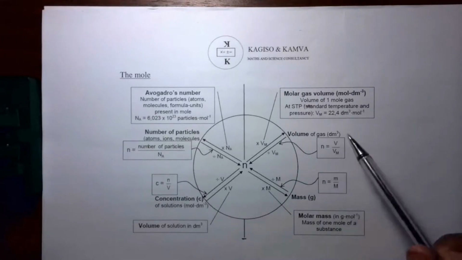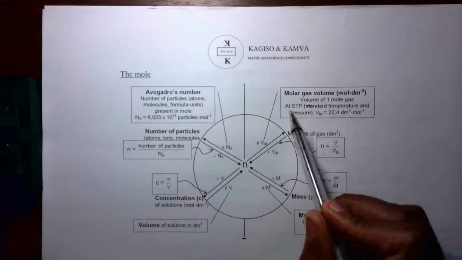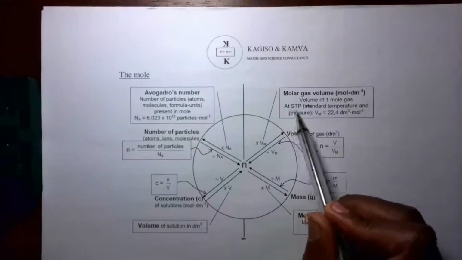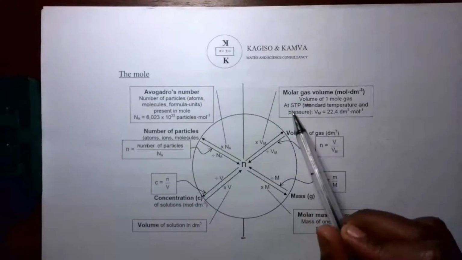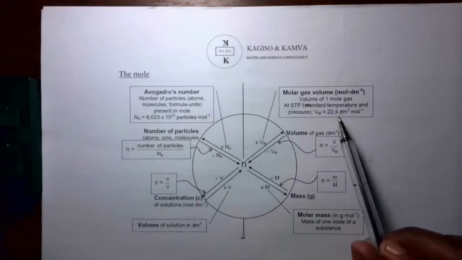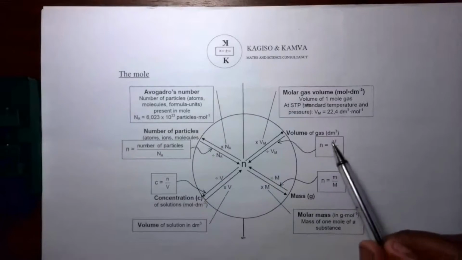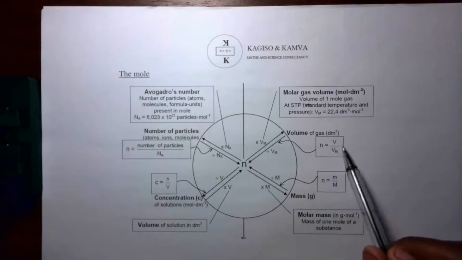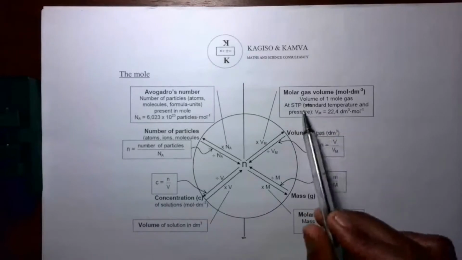If we are provided with the volume occupied by a gas at STP, the molar volume of any gas at STP is 22.4 decimeter cube. So you just use the volume occupied by the gas divided by the molar volume, which is 22.4 at STP.